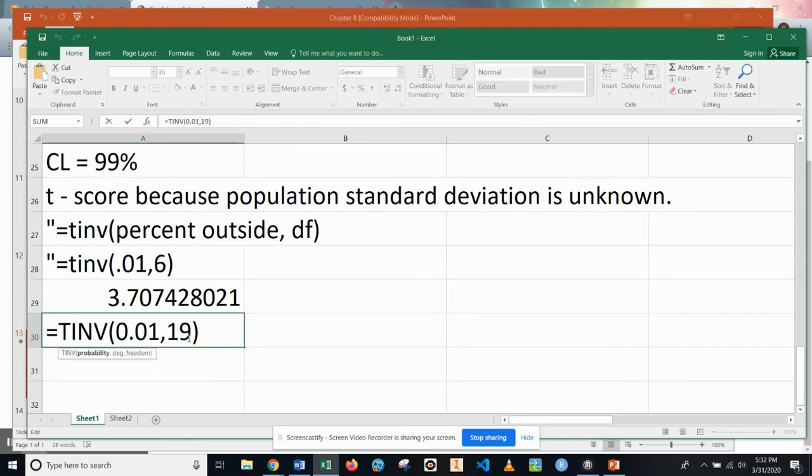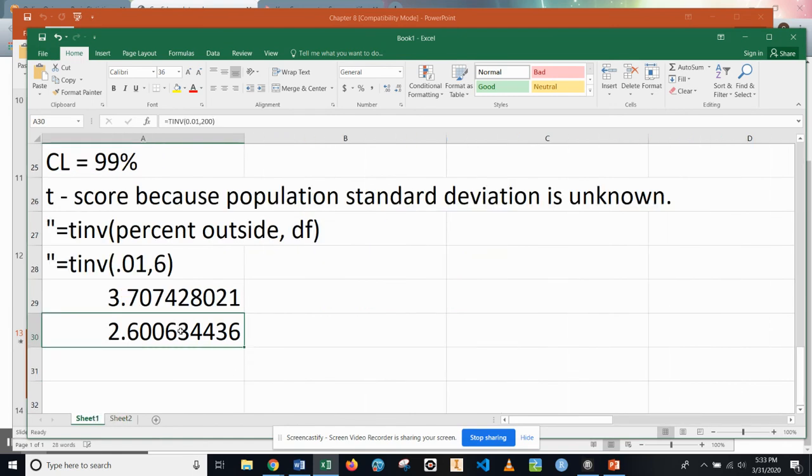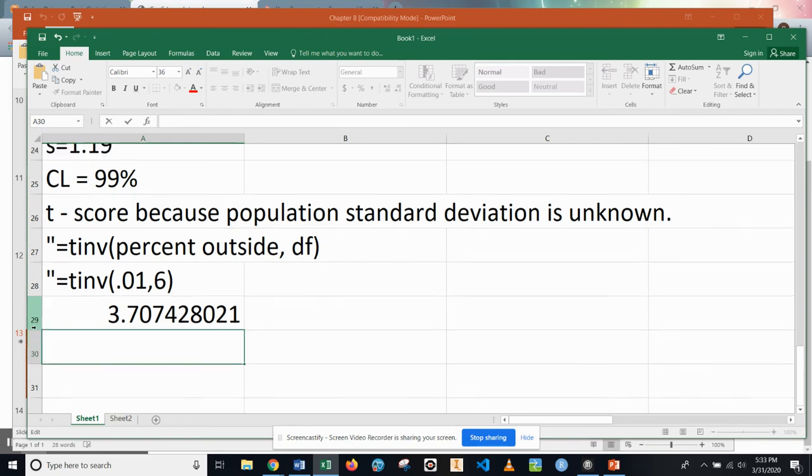If I change that value to 200, it's going to be different. If you go back and look at your z-score, 99% was 2.58. So as my n gets bigger here, I get closer and closer to 2.58. So with large sample sizes, you're going to see that. There's a family of t inverses, and that's why you have to calculate it for every single problem that you do.